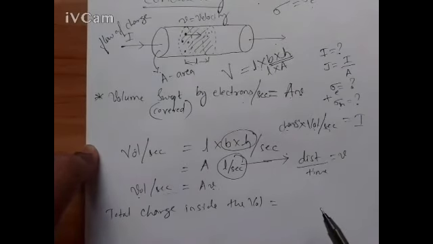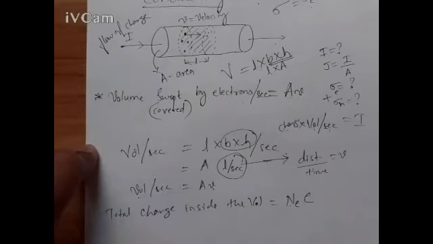So the charge inside the volume is nothing but, let us say n is the number of electrons, multiplied by the charge of the electron, e. So the charge inside the volume is n e. It is like, if you have 10 rupees, each student is having the charge of 10 rupees. How many students are there? That will become the total charge.